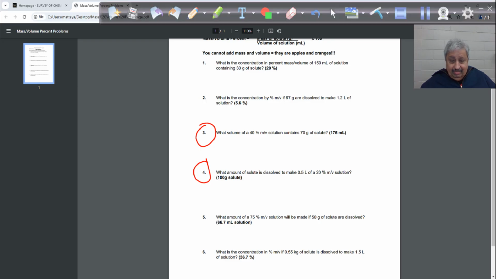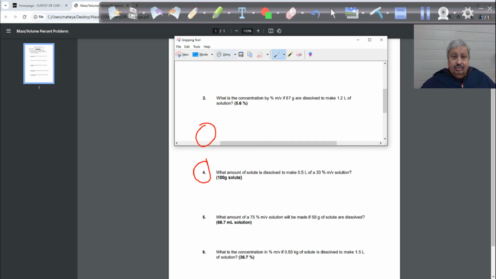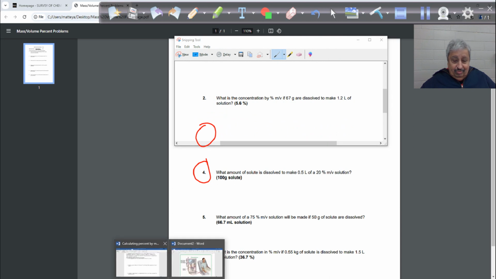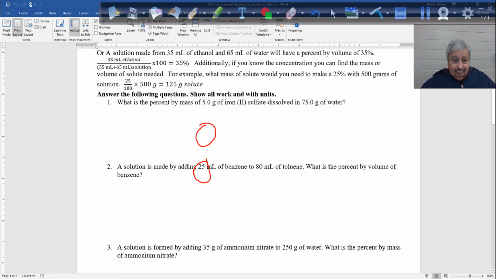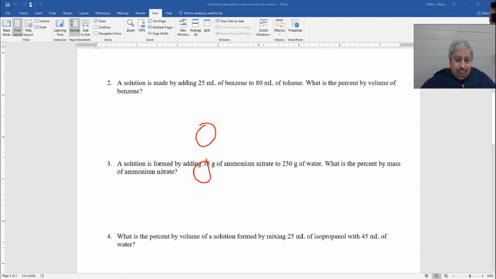I'll take the snipping tool and take the 2 here. Okay, and what do we have to watch? Somebody will tell me what we have to watch with this calculation. We know the formula, but we have to watch something.